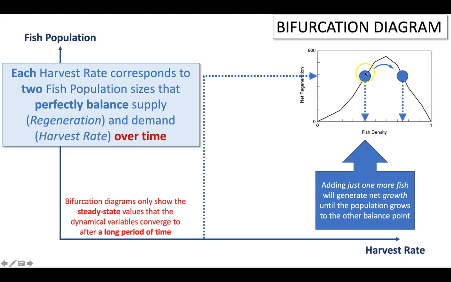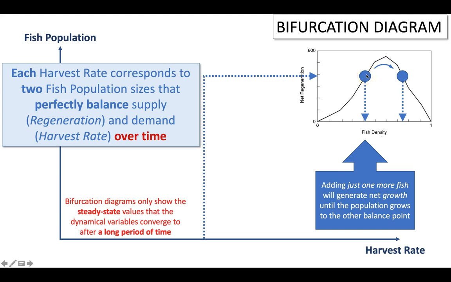If I add just one more fish to the population, that one more fish will have the ability to reproduce, and I will now reproduce at slightly higher than the harvest rate. So if my regeneration rate is slightly higher than the harvest rate, then I will rush away from this equilibrium.